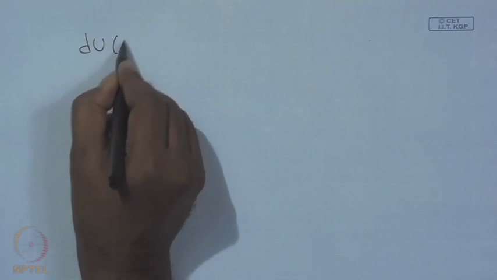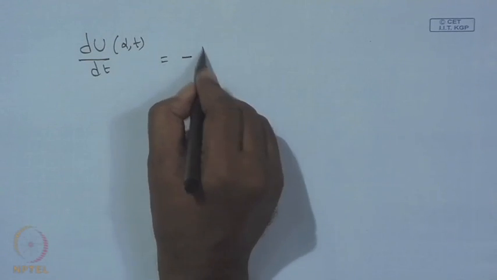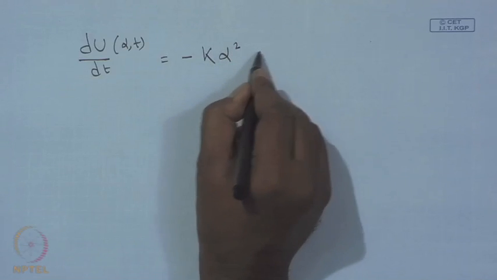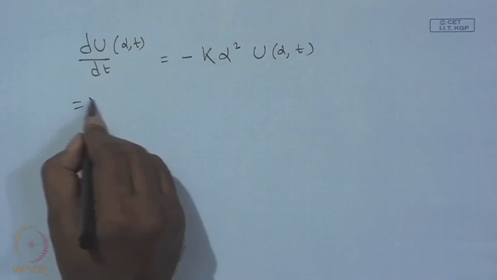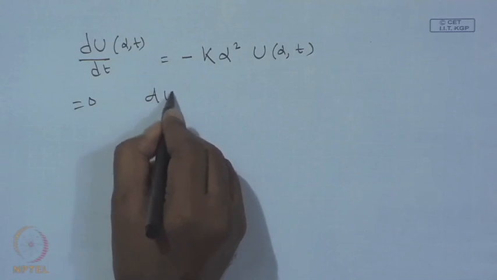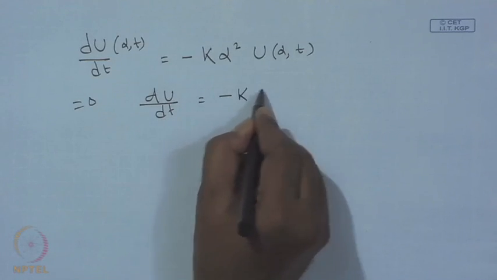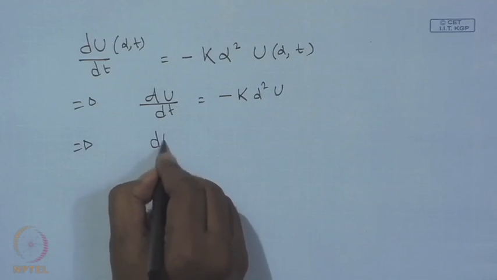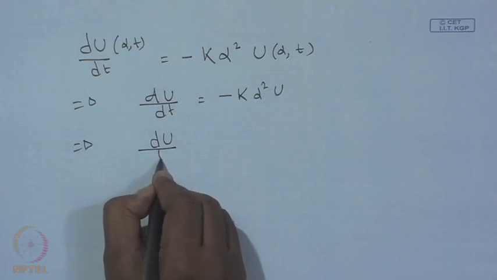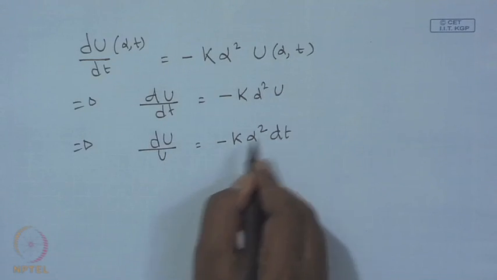So, this becomes dU(alpha, t)/dt is equal to minus k alpha square U as a function of alpha and t. Ultimately, you get dU/dt equal to minus k alpha square U. We separate the variables: dU by U is equal to minus k alpha square dt.